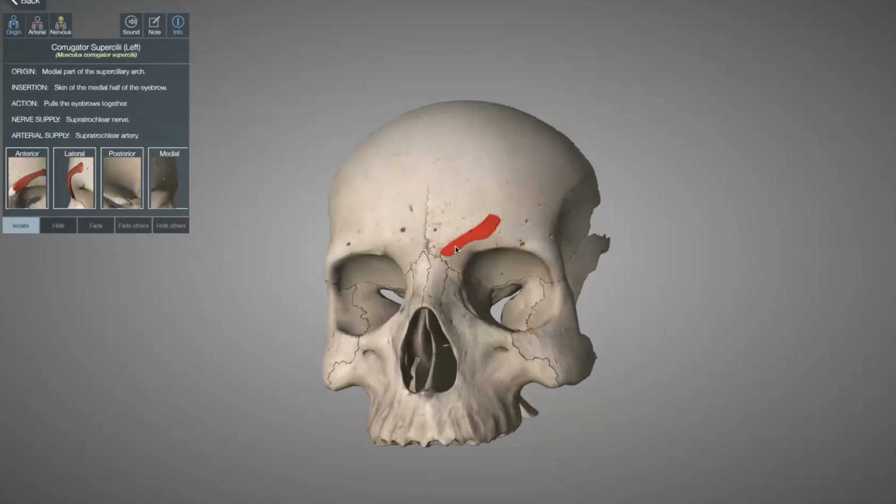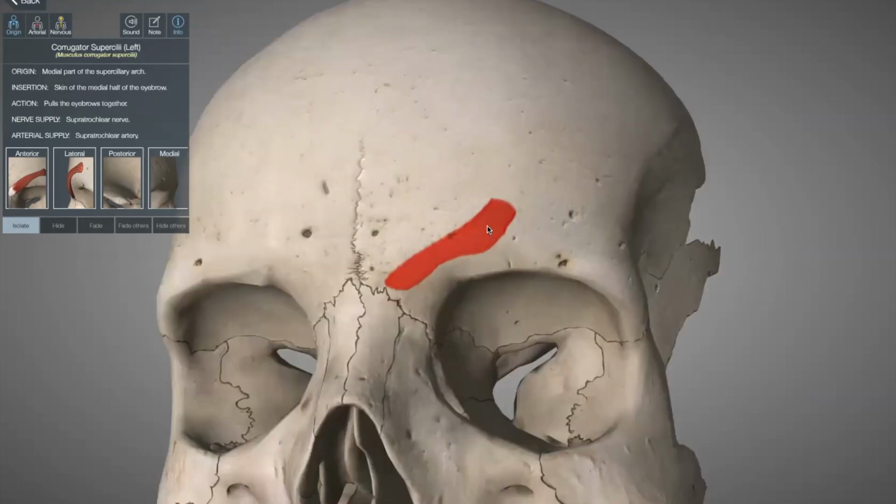It originates from the medial aspect of the superciliary arch. You understand now why your pins are so important? Because now you start learning some stuff that you don't really need, but you need. It originates from here, the medial aspect of the superciliary arch, and it inserts into the skin of the eyebrows.